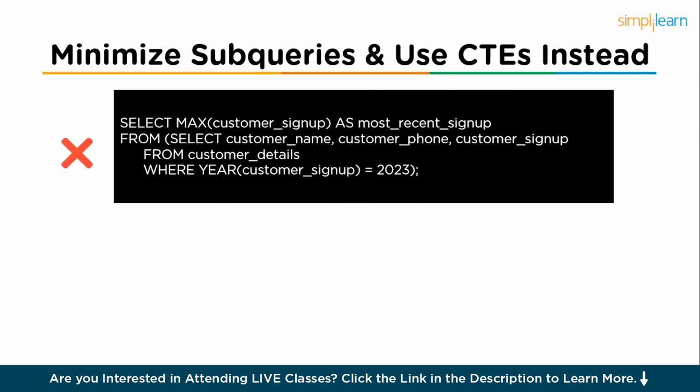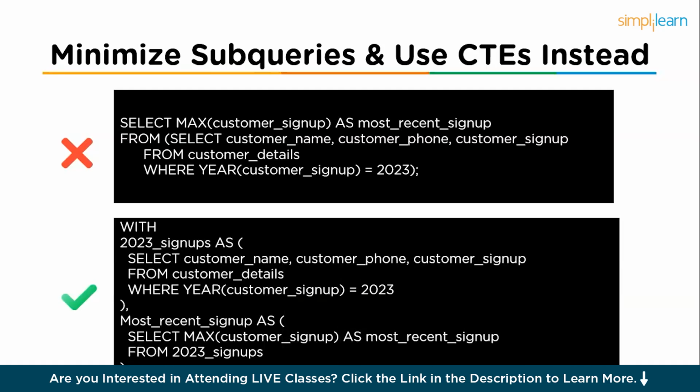Let's suppose you're converting a subquery into a CTE. Here's a messy subquery: select max signup as most_recent_signup from a table, where you select customer name and customer phone from customer details where the year is this much. How can you optimize it with the help of a CTE?